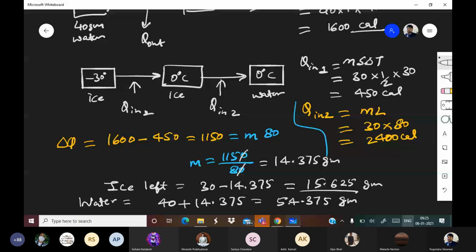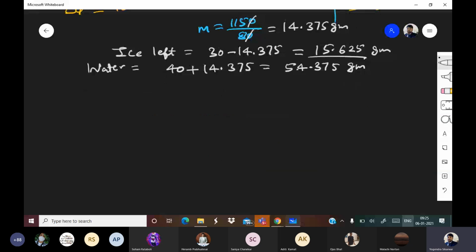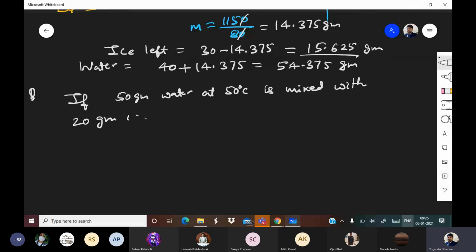Next question. If 50 gram water at 50 degrees Celsius is mixed with 20 gram ice at minus 20 degrees Celsius.